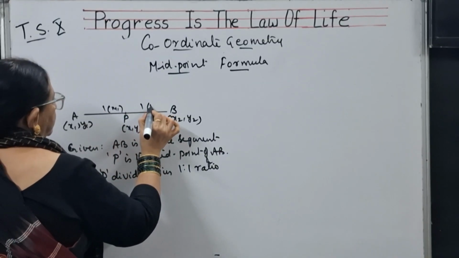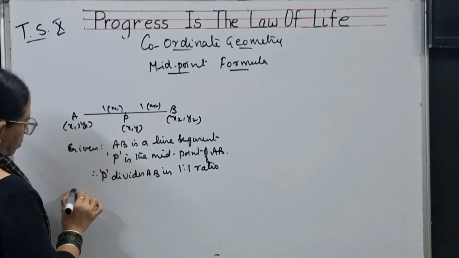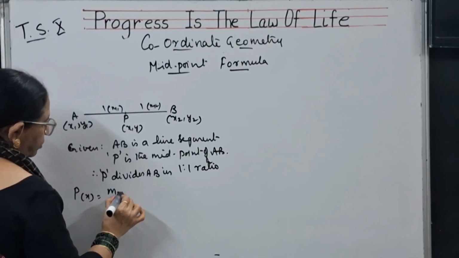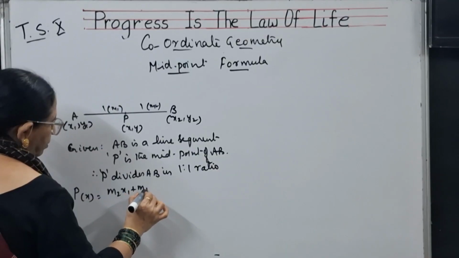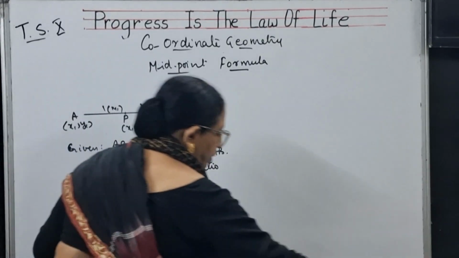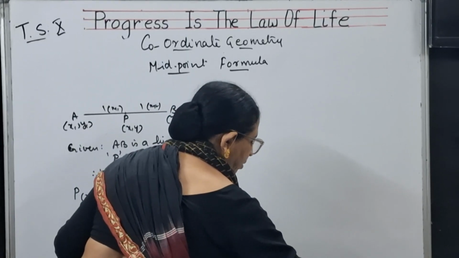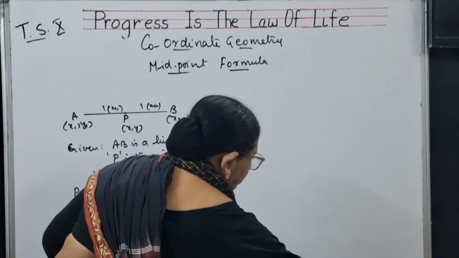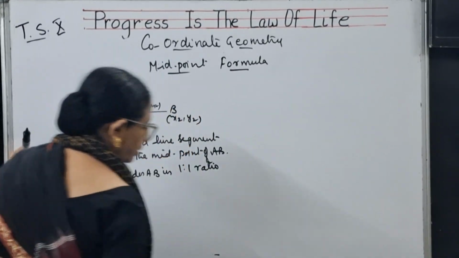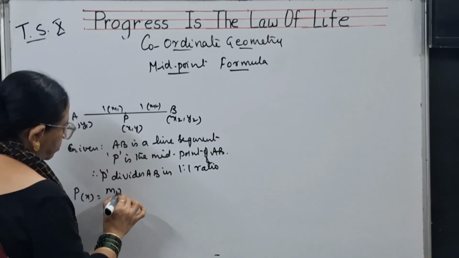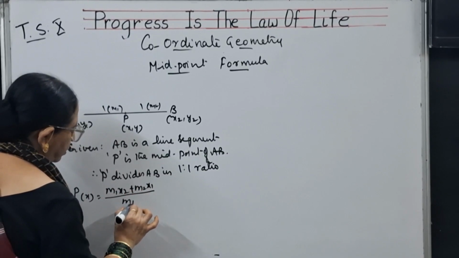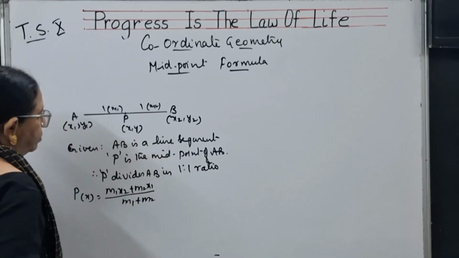So this is actually m1, this is m2. So P of x formula is m2 x1 plus m1 x2. You can write it either way, children; m1 x2 you can write, or m2 x1 you can write. Okay, let us start with m1. m1 x2 plus m2 x1 by m1 plus m2.